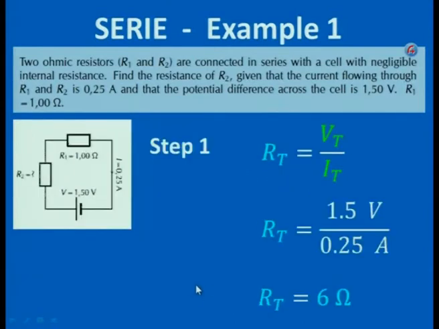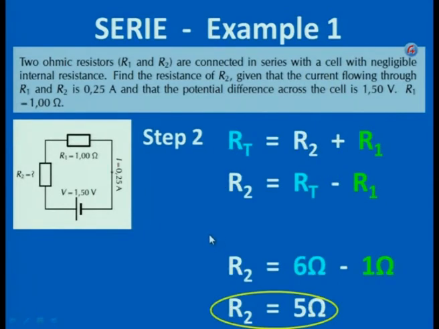So, step 1 would be to calculate the total resistance. The total volts in this circuit is 1.5, so you substitute that, and the current flowing through the circuit is 0.25 ampere, so you substitute that, which gives you 6 ohms. So the total resistance is 6 ohms. Step 2.